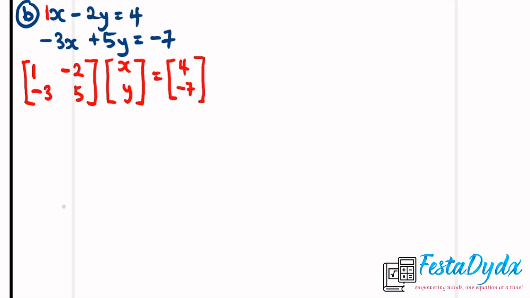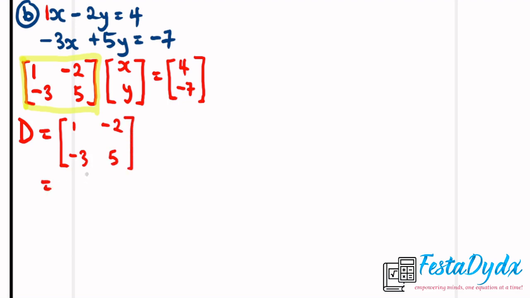So remember, the first thing is to look for the normal determinant, which is this 2 by 2 matrix we have here. So D is equal to, let's have the matrix back, 1, minus 3, minus 2, and 5. So looking for this determinant, remember to add the signs plus and minus. Now multiplying the diagonals, the first one we'll have here is 1 times 5.